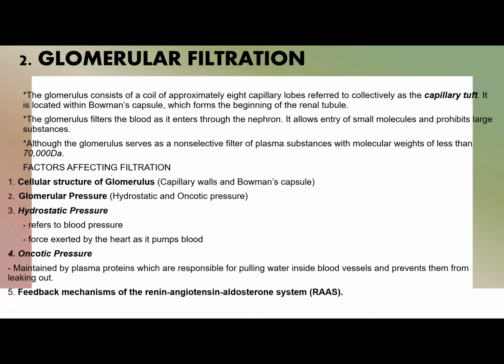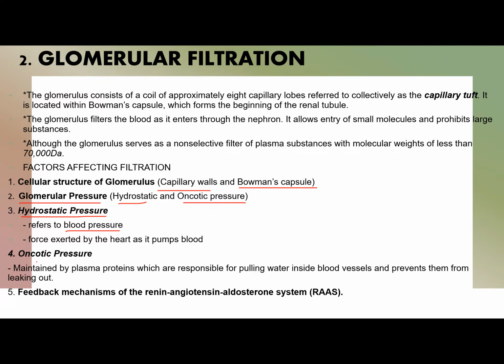Now, factors affecting filtration, we have the cellular structure of the glomerulus, specifically the capillary wall and the Bowman's capsule. We also have the glomerular pressure, hydrostatic, and oncotic pressure. Now, when we talk about hydrostatic pressure, this refers to the blood pressure class. This is the force exerted by the heart as it pumps blood.